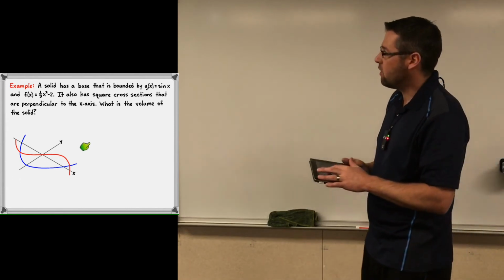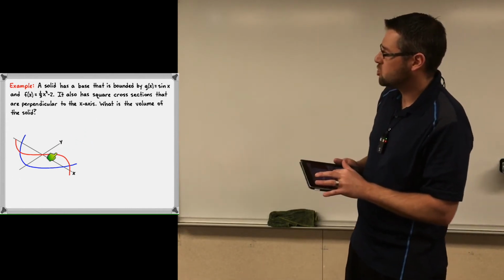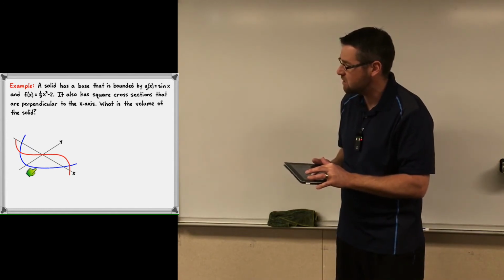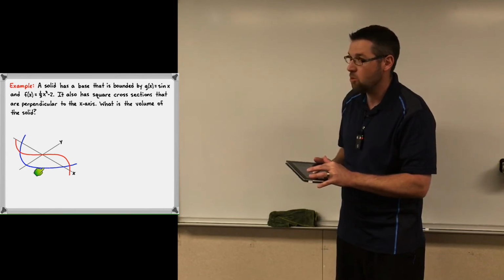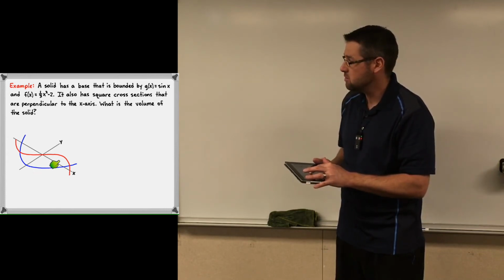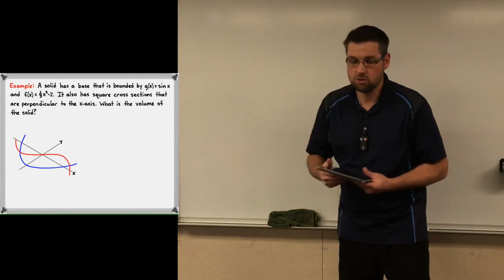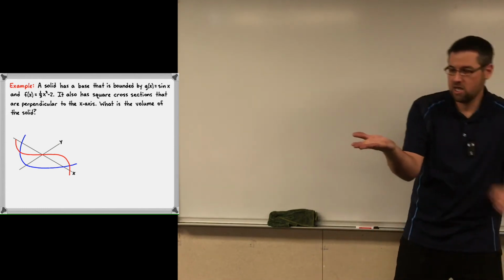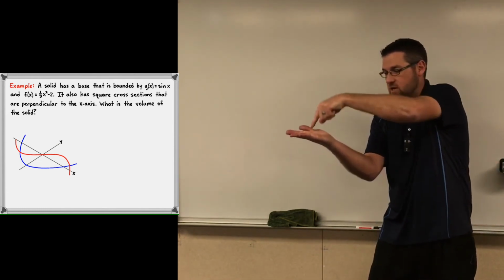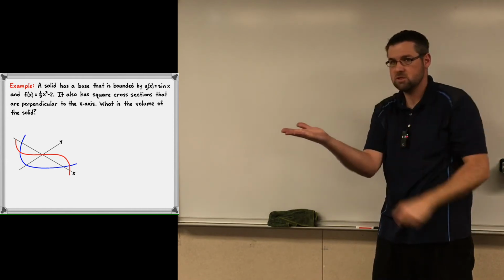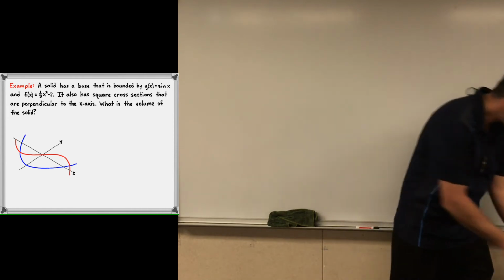Okay. Now, it says that these are square cross sections. So that means this length, this slice, is the base of one of the squares. Well, what's the height of one of the squares? It's the same thing. It's coming up out of the curve, right? So here's the curvy thing, and then we have a square coming out of it. It's doing this, right? And we have another square over here. Does that make sense? A little bit? Okay.